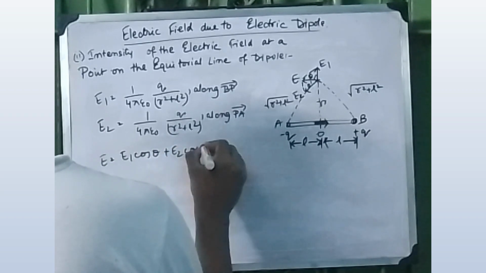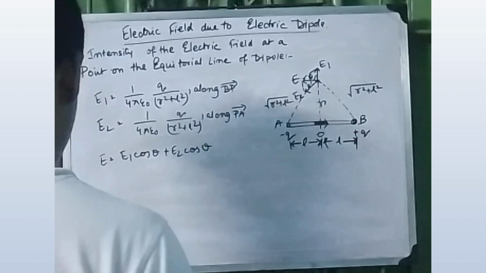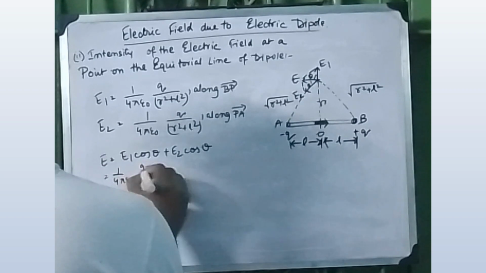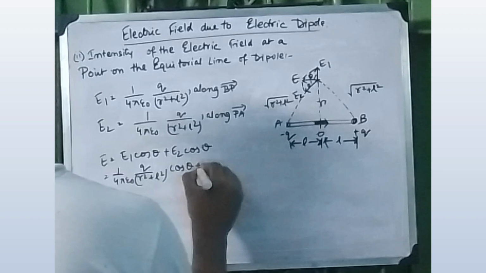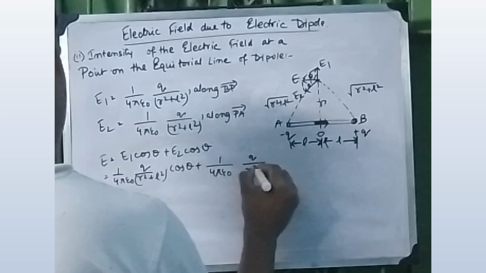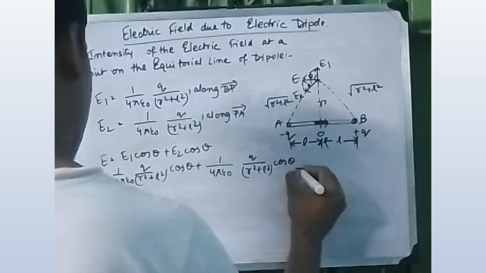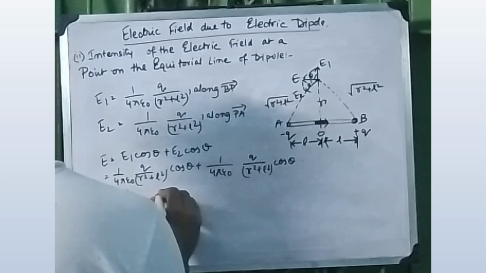Therefore, E equals E1 cos theta plus E2 cos theta, which is equal to 1 by 4 epsilon naught q by (r square plus l square) cos theta plus 1 by 4 epsilon naught q by (r square plus l square) cos theta.